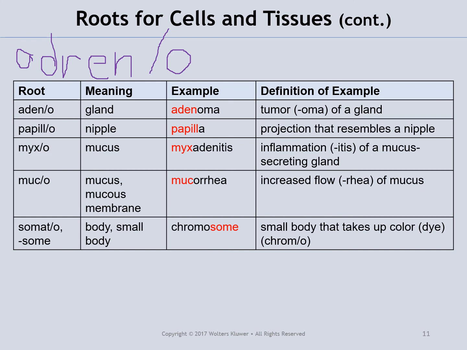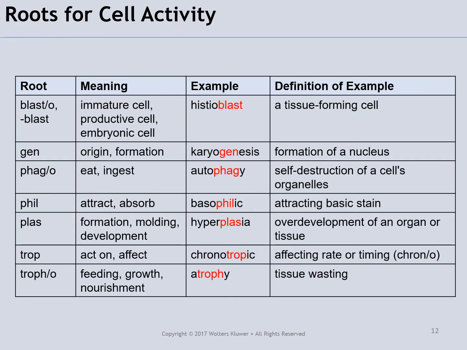Other roots that we see on here, both mixo and muco refer to just mucus in general. Anything with some refers to a body. A chromosome is literally a small body that takes up color. That's what chromo means. Chromo means color when you dye it. Blast is one that I would definitely know for the quiz.